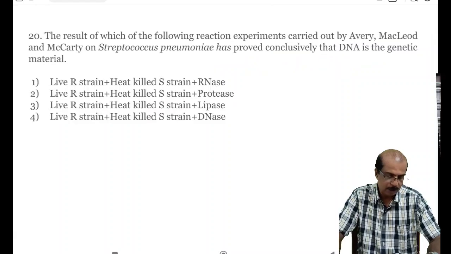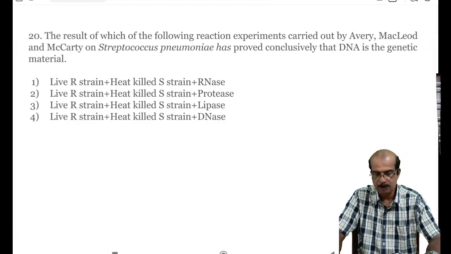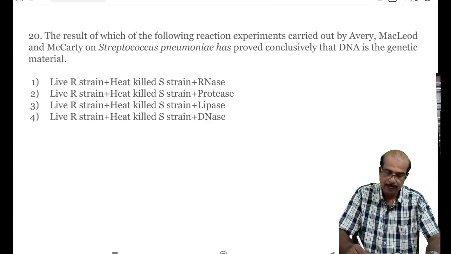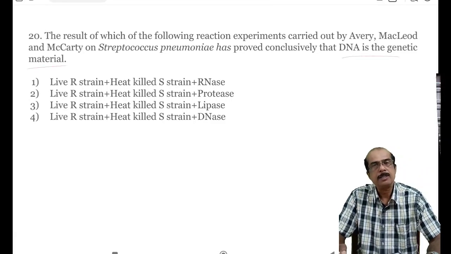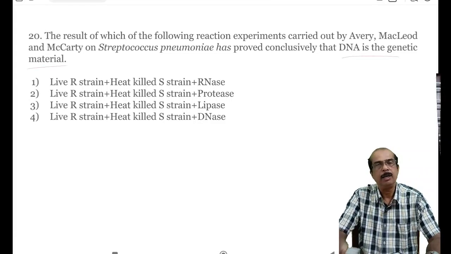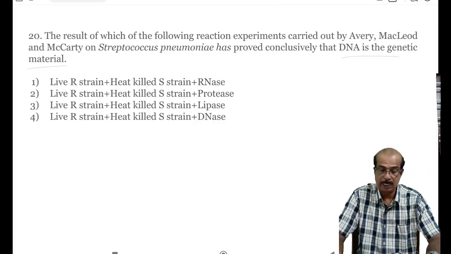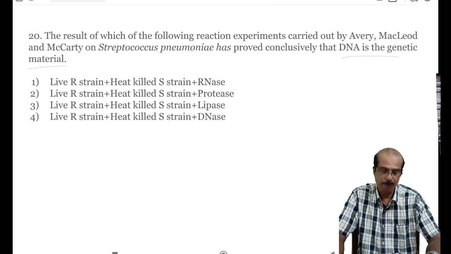Then moving to the 20th question, the result of which of the following experiments carried out by Avery, MacLeod and McCarty on Streptococcus pneumoniae has proved conclusively that DNA is the genetic material. These three scientists identified the chemical nature of the transforming principle of Frederick Griffith.